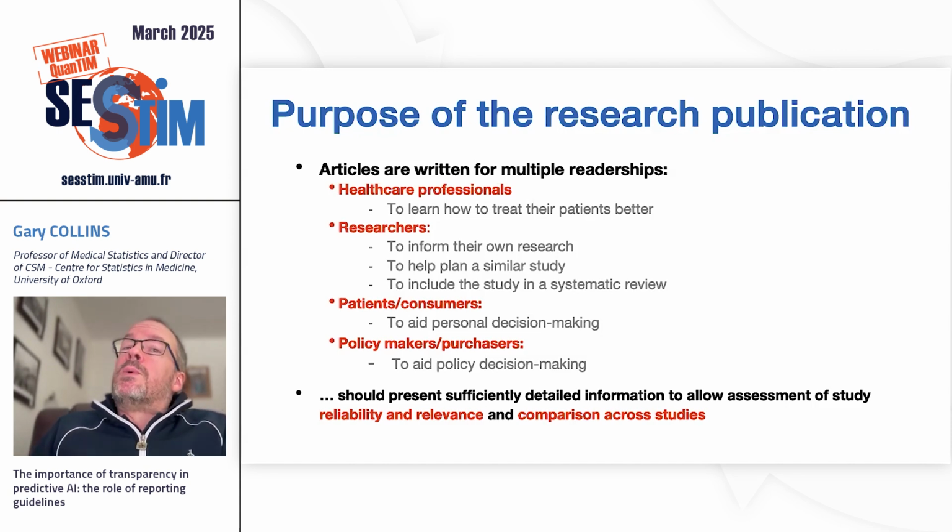We may want to include that research in a systematic review where we synthesize the available evidence. Patients and consumers are increasingly reading medical journal articles, and policymakers, regulators, purchasers of health interventions will also need to understand information in your research publication. So it has to be transparent, it has to be complete, and we have to understand the research you have just carried out.